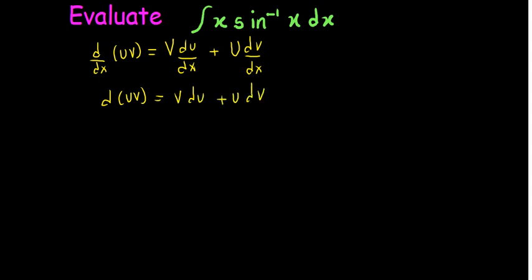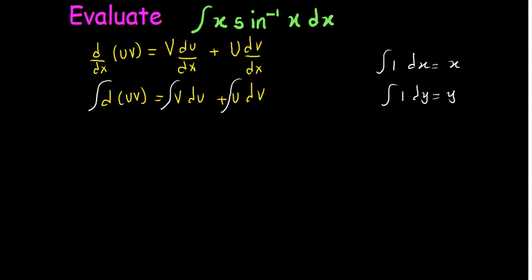From this point I'm going to integrate everything. I'm going to introduce an integral on every part. Now from here we know that the integral of 1 with respect to x is simply x. The integral of 1 with respect to y is y.